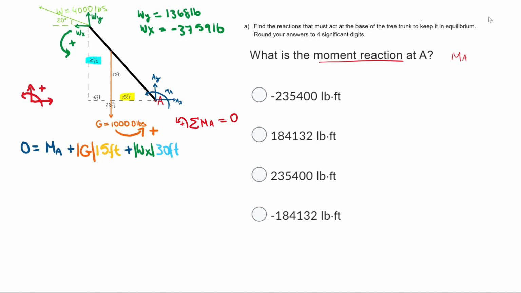And finally, we'll take a look at Wy. This force will pull upwards, so it'll actually cause a clockwise moment at point A. So it'll be negative. So we subtract the absolute value of Wy times its perpendicular component, in this case, 20 feet.